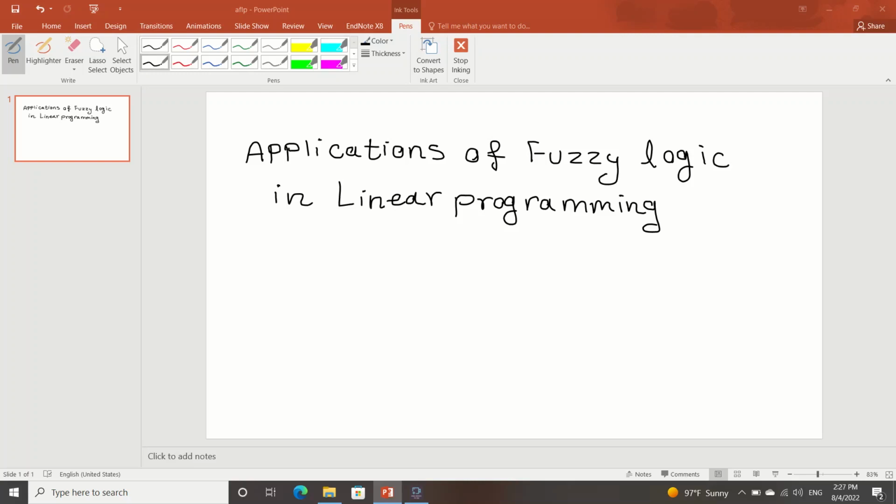Okay, today I want to introduce the structure of mathematical programming, especially linear programming, and then I want to give you information about the applications of fuzzy logic in this programming model.